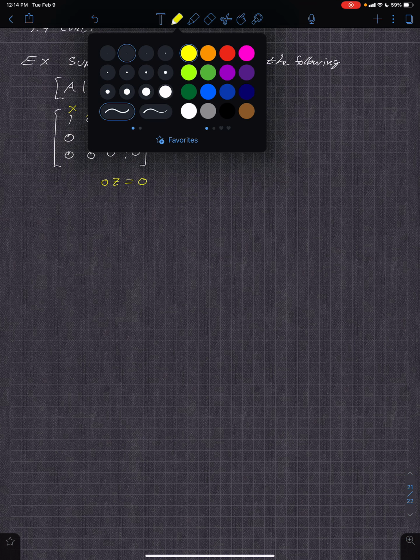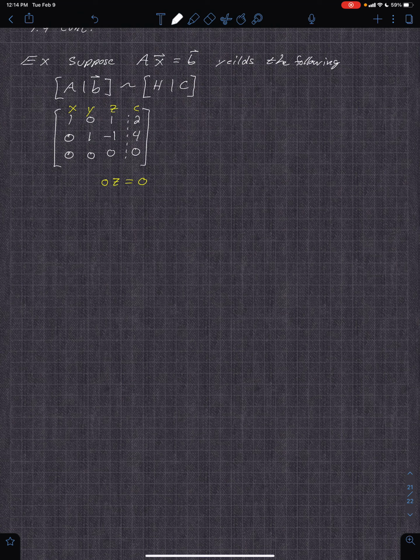So Z can be any number. So that statement is satisfied if Z is anything. So Z, I'll write it out in words right now, can be any number. So coming back up here, what we say then is we'll let Z be a real number.